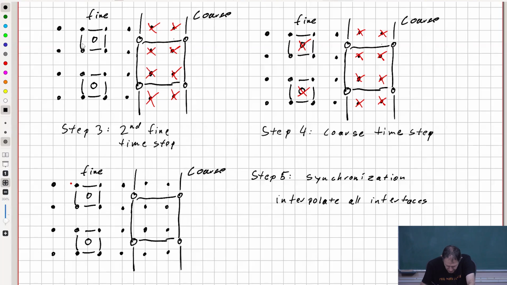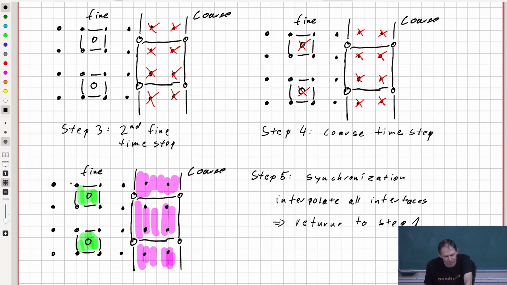Meaning, we recover these nodes here from interpolation, and also these nodes here again from interpolation, all at the same time. So after this, all the nodes are again known, and we can return to step number 1 and go on.